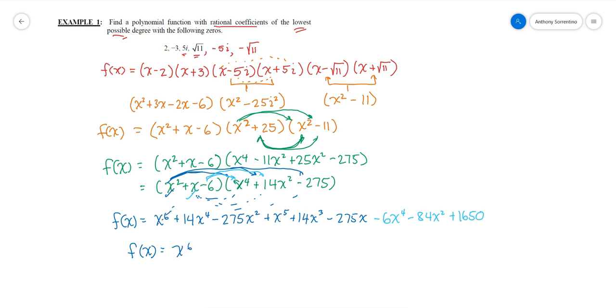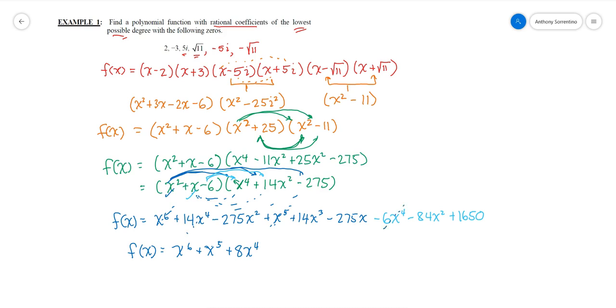The next one I have is x to the 5th. I only have one term with x to the 5th in it, so plus x to the 5th. x to the 4th will come next. I have 14x to the 4th minus 6x to the 4th, so I'm going to have plus 8x to the 4th. That takes care of these two.